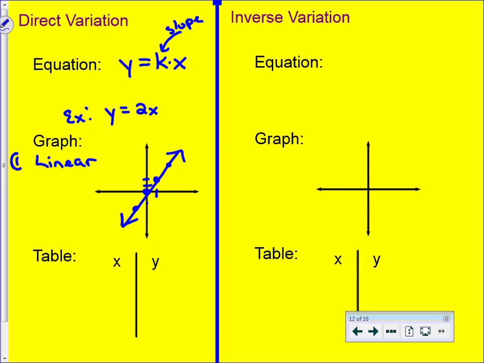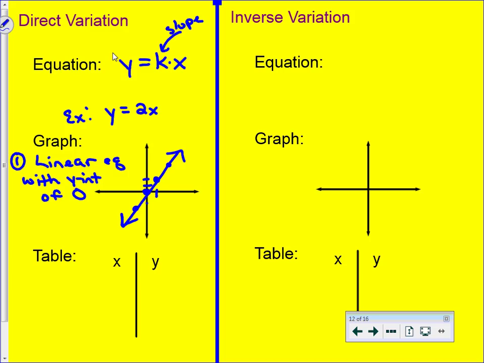That's going to be one important part. And because we don't have any y-intercept, if we're looking at our y equals mx plus b, we have a linear equation with a y-intercept of 0. That is one important thing to note where it says, what do you notice about direct variation?